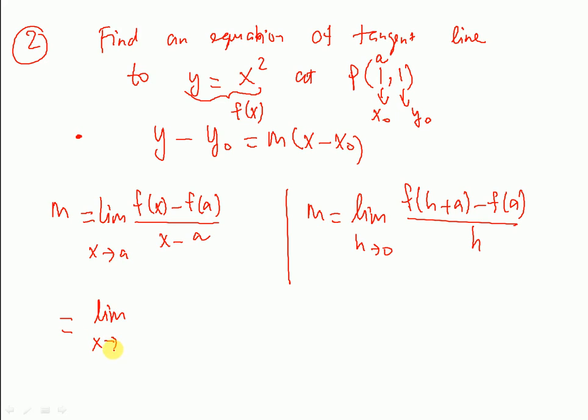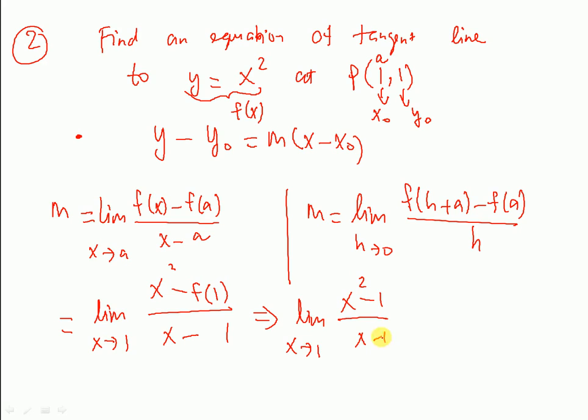So when x is going to 1, f of x, which is x squared, minus f of a, which is f of 1, over x minus a, which is x minus 1. That's equal to the limit as x goes to 1 of x squared minus 1, because if you plug in 1 for x, 1 squared gives you 1, over x minus 1.